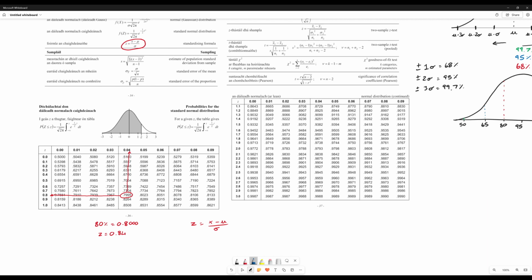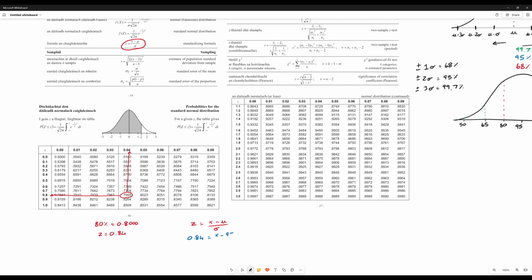And what we're going to do this time is we're going to actually fill in this number, this number, and this number, and we'll find the X that should have gone here that would have given us the bottom 80% of people in Ireland. So what I would do is I would say 0.84, because that's our Z score, that's what the grid told us, is equal to X. We don't know what X is.